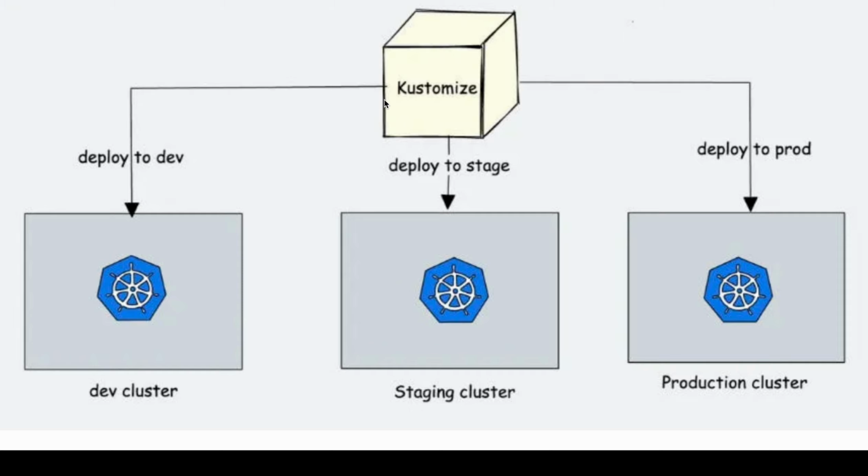Using Kustomize, we have created three stages or environments, and we are installing or deploying our application in these three different clusters as well. One is the dev cluster, another is the staging cluster, and the production cluster as well.